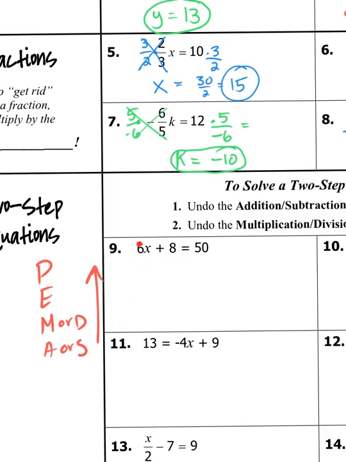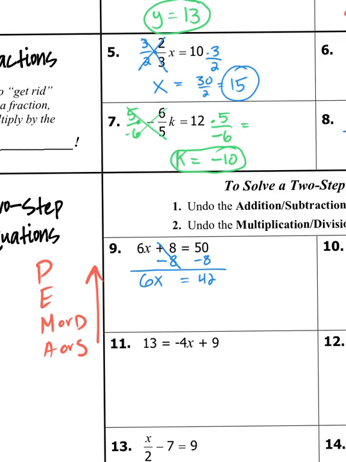So the first thing I'm going to do is undo this plus 8. And so I've got 6x, the 8 and negative 8 make 0, and 50 minus 8 ends up being 42. Oh, and then this becomes a one-step problem now, because if I'm going backwards in my PEMDAS, I've undone addition or subtraction. Now I'm going to undo multiplication or division.